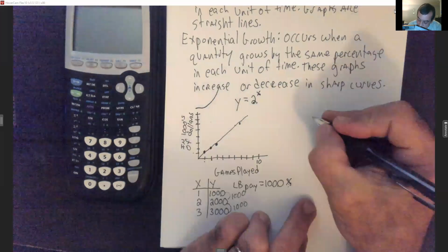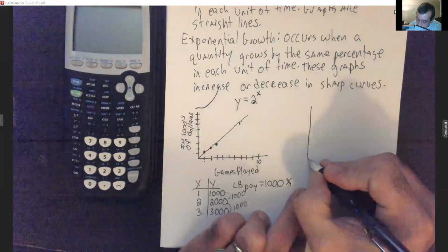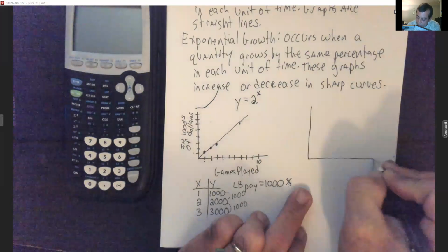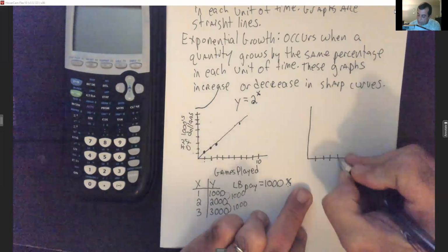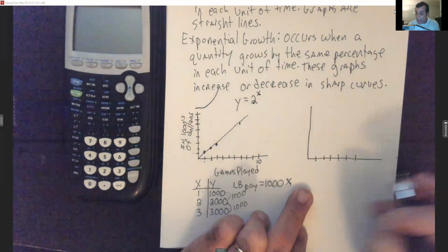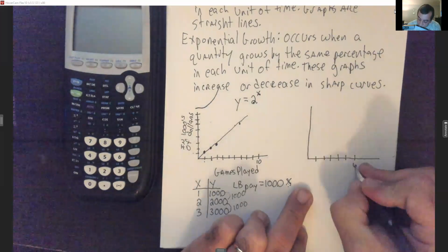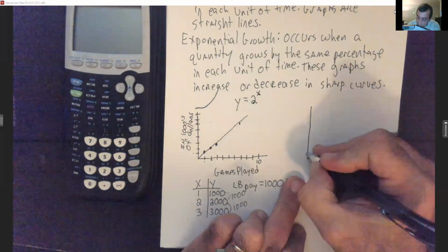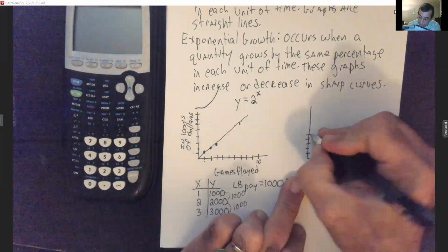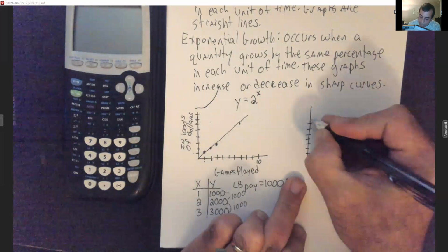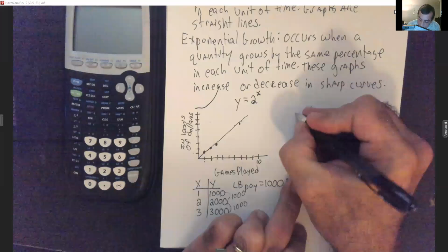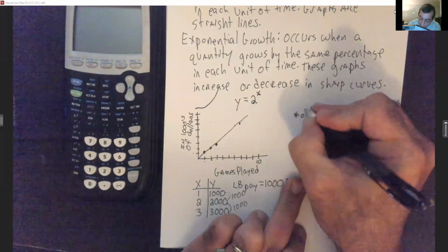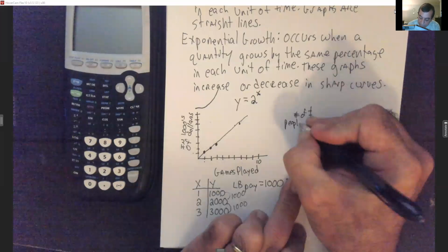Now, let me draw another little graph over here. Down here will be days. So I'm just going to go up to about 6 days on that. And this is going to be the number of people infected.